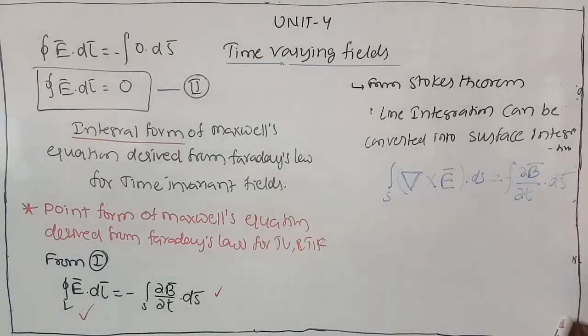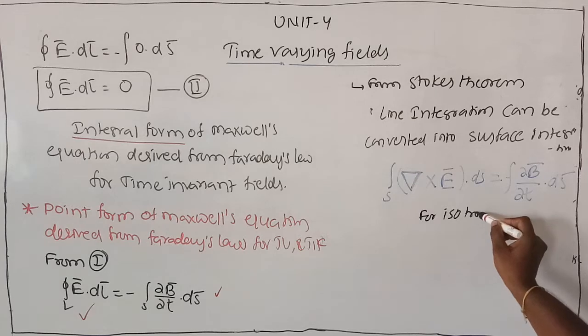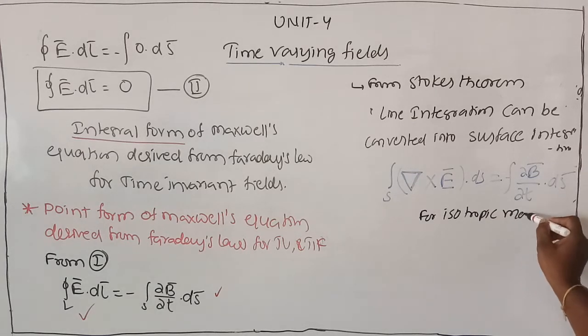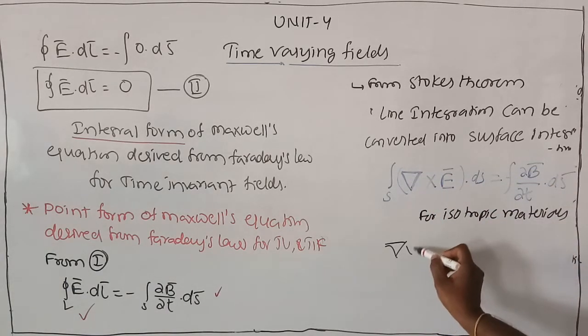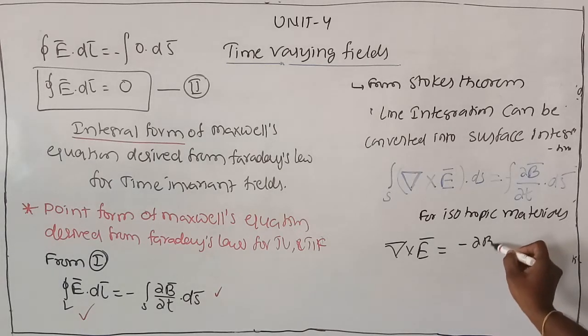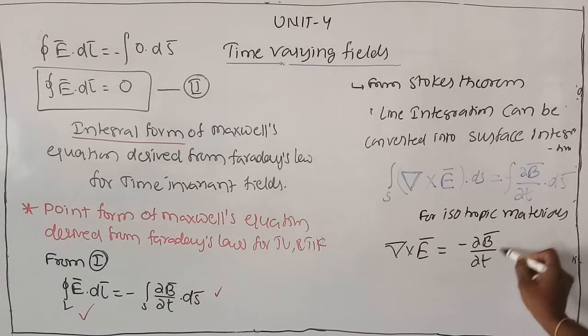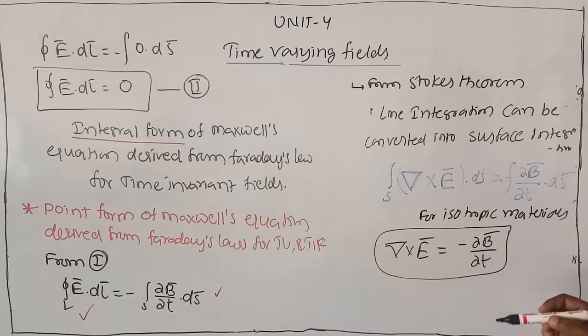For isotropic materials, you can cancel the integration on both sides. So it changes like this: del cross E bar is equal to minus dou B bar by dou t. This is the point form of Maxwell's equation derived from Faraday's law for time varying fields.